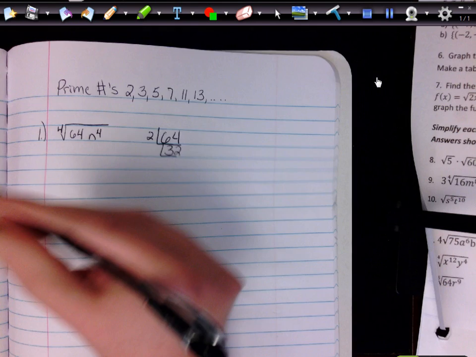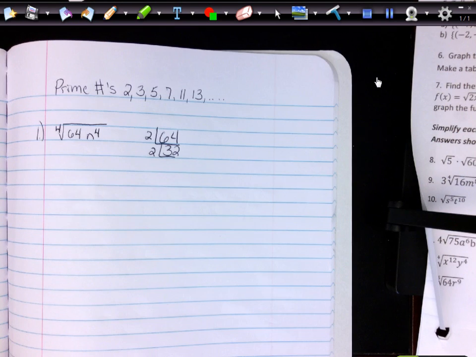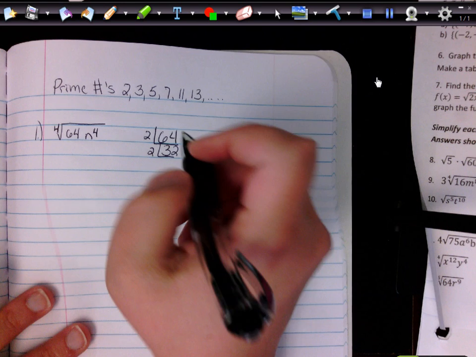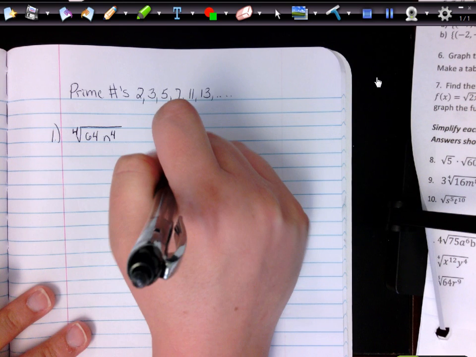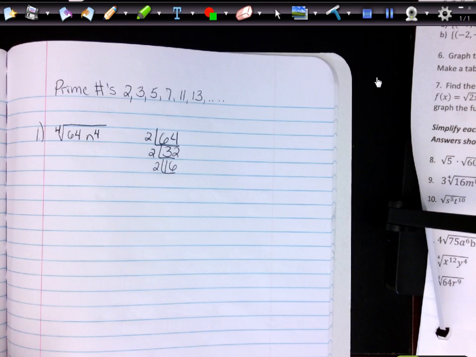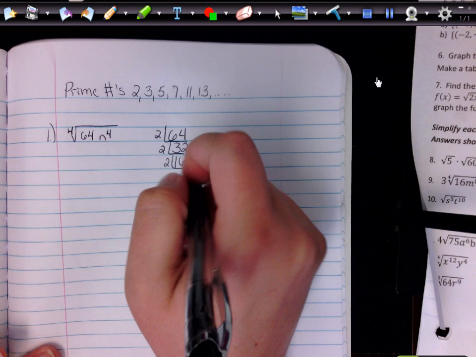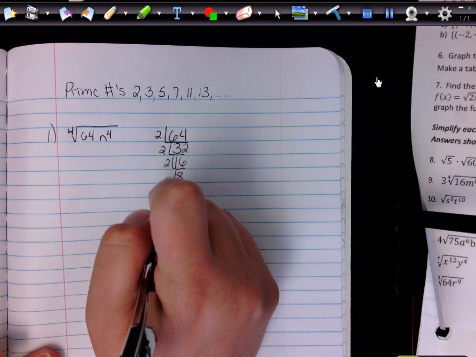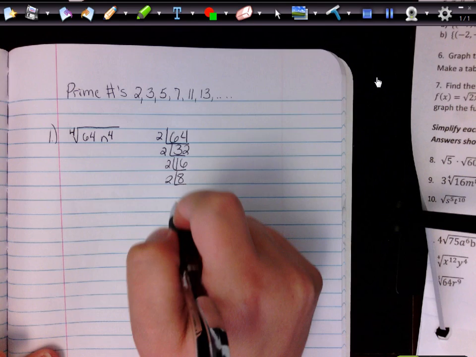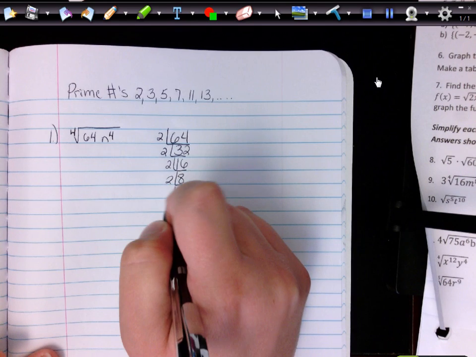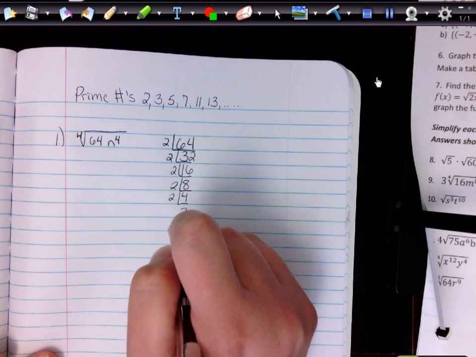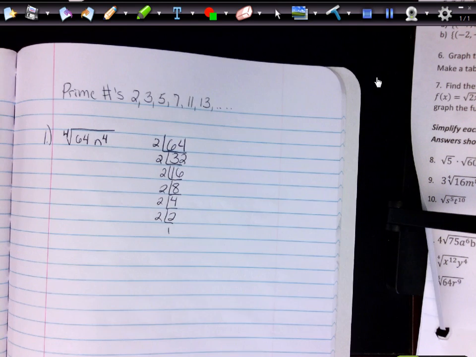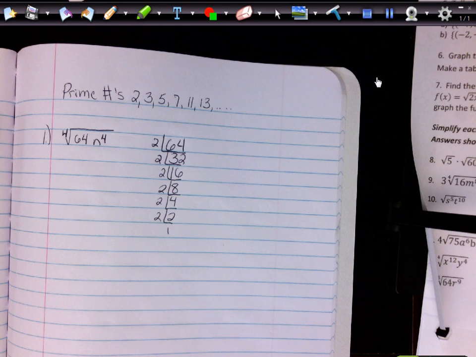Again, I can divide 32 by 2 and get 16. 16 divided by 2 is 8. I can divide 8 by 2 and get 4. I can divide 4 by 2 and get 2, and 2 by 2 is 1. That's a great old big upside down birthday cake.